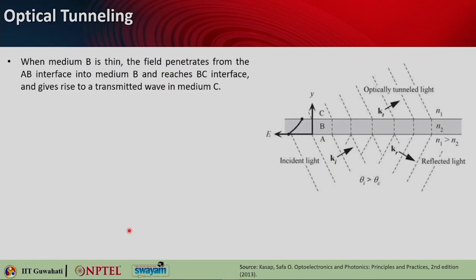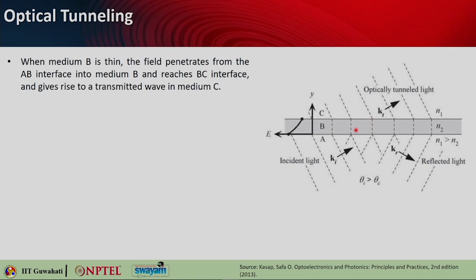Okay. And when this second medium becomes very thin, in that case the field will be able to penetrate this interface and go into this medium B, and then it will also be able to reach the other side of the interface.